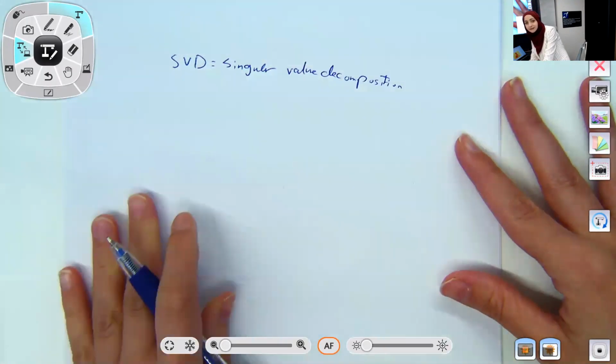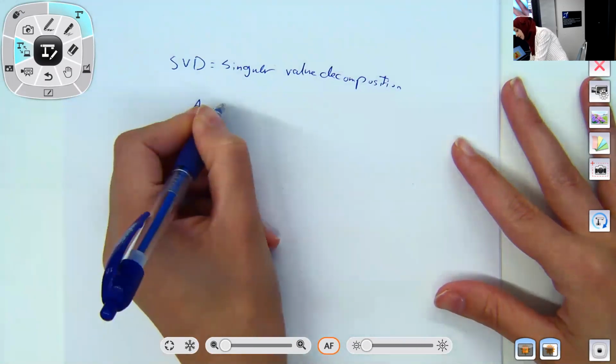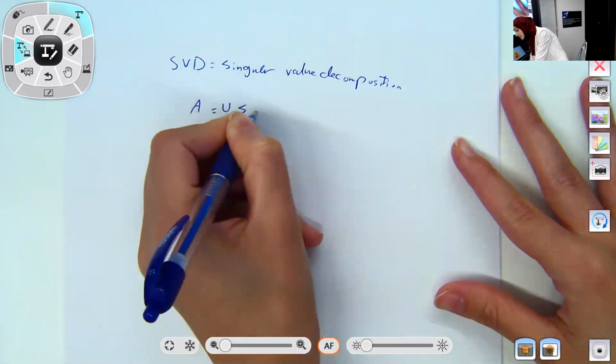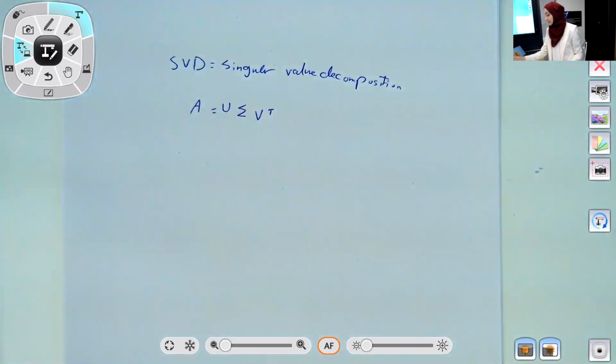If you have a matrix A, you can write the matrix A as U times sigma times V transpose, and you will learn more about singular value decomposition in your lecture.